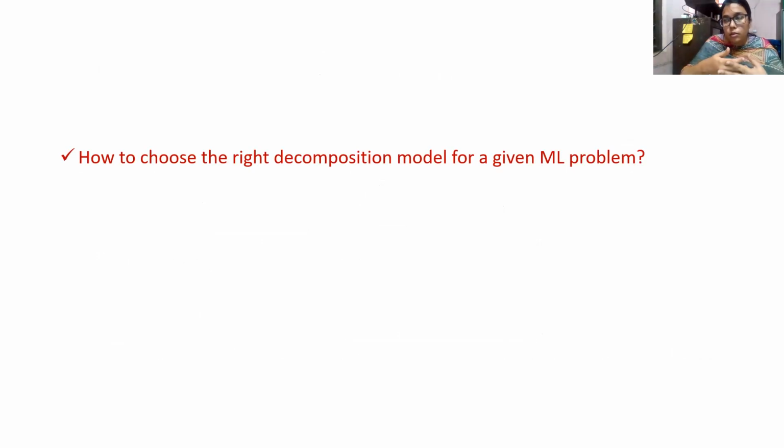How will the problem choose the decomposition technique that gives me the best optimized value? It could be one problem: how the right decomposition model could be used in an ML problem.